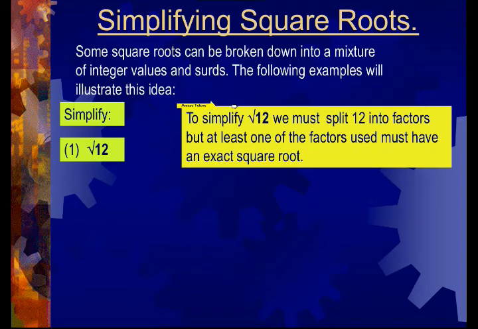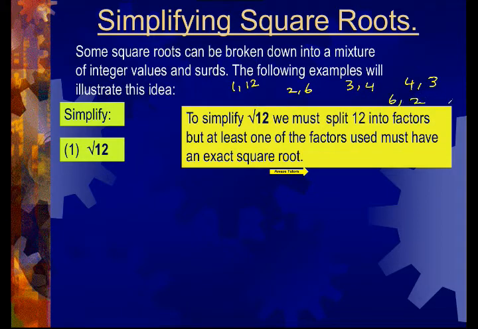To simplify square root of 12, we must split 12 into factors, but at least one of the factors used must have an exact square root. So now think about the factors of 12: 1 and 12, 2 and 6, 3 and 4, 4 and 3, both are the same.